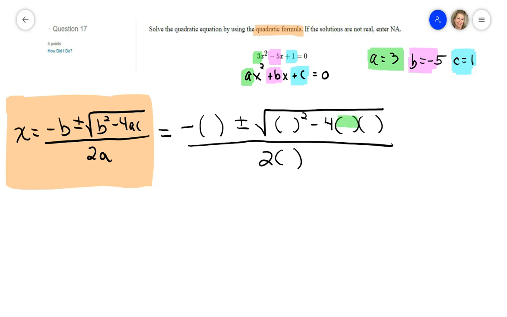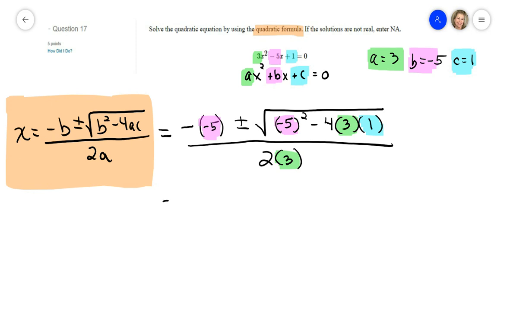So here is an a, and here is an a. And then b, I had in the lovely pink color. This is a b, and this is a b. And the c goes right here. So I have a negative 5 here, and a negative 5 there. I have a 3 here, and a 3 there, and a 1 right there.